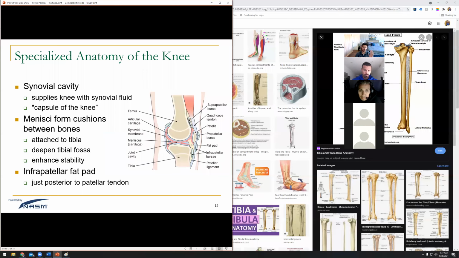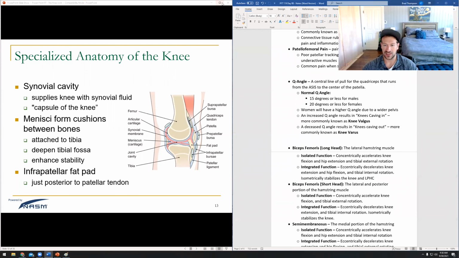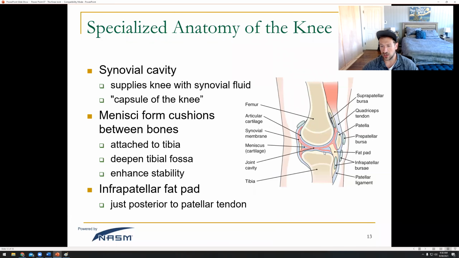Now, like I said, there are some other pieces of connective tissue in here because this joint is so big and it is dealing with a lot of impact every day. Because of that, it's got some specialized materials in here. So if we look at this, you can see we've got the meniscuses, the menisci, that's pretty special, right? And then look at all these little pockets, these little sacs.